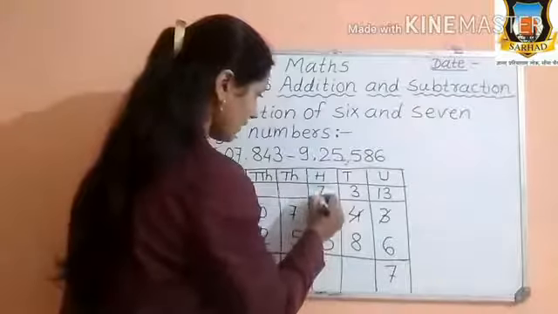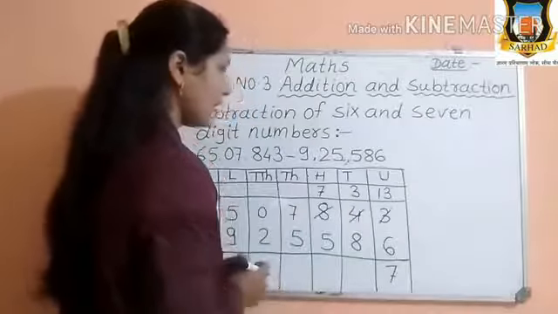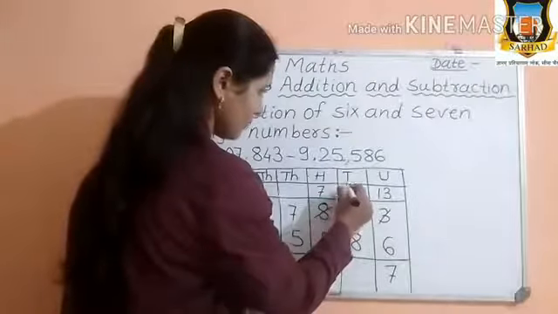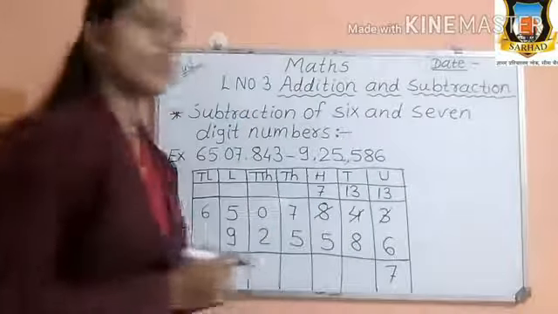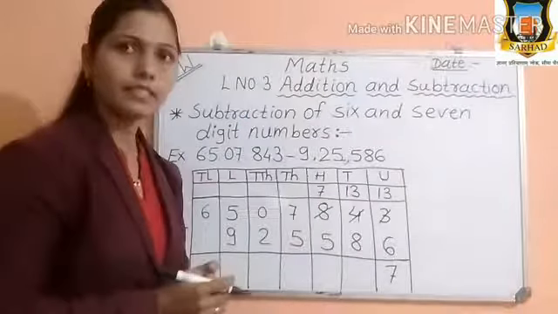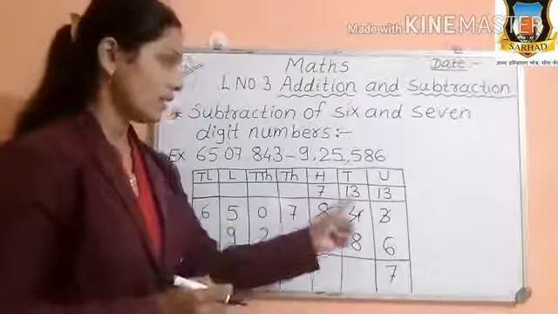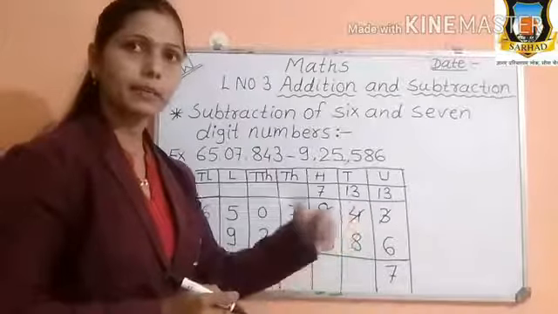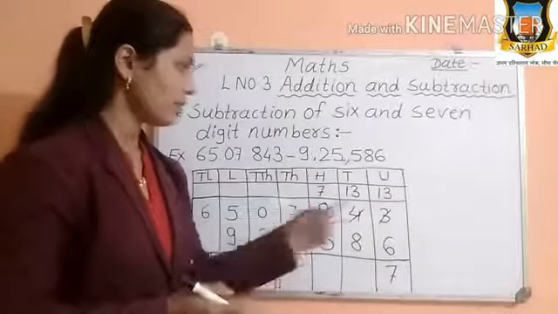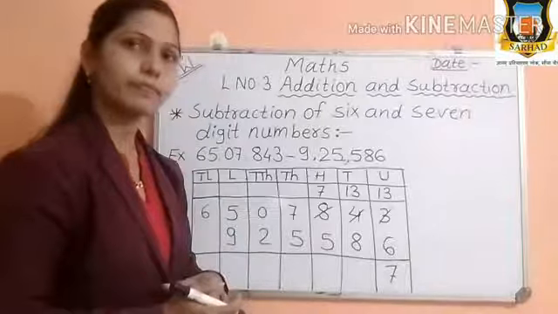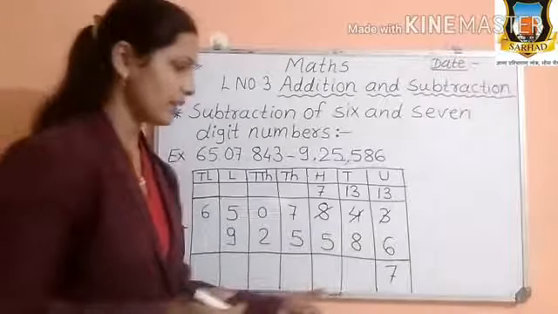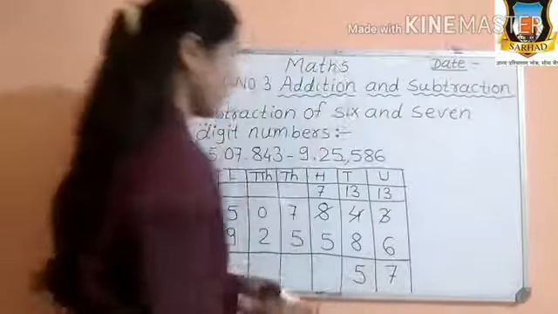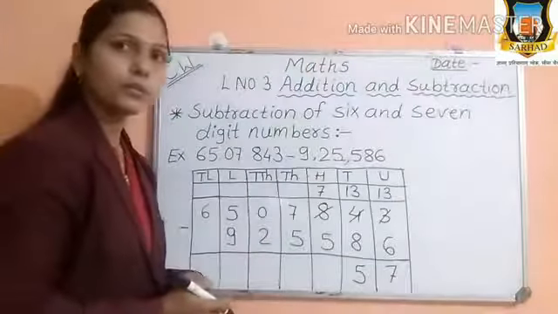So here 7 remains, and if we take one borrow here, 1 ten plus this 3 makes 13. Now 13 minus 8 is 5. Have you understood what I did here?